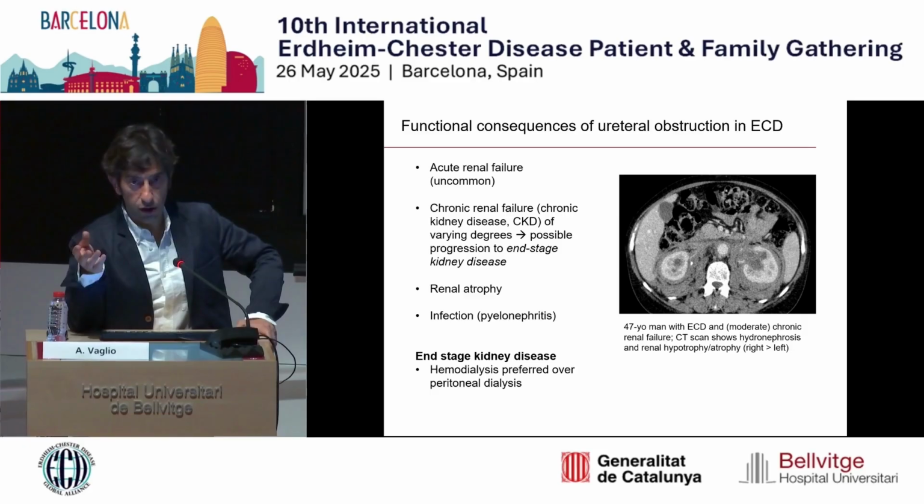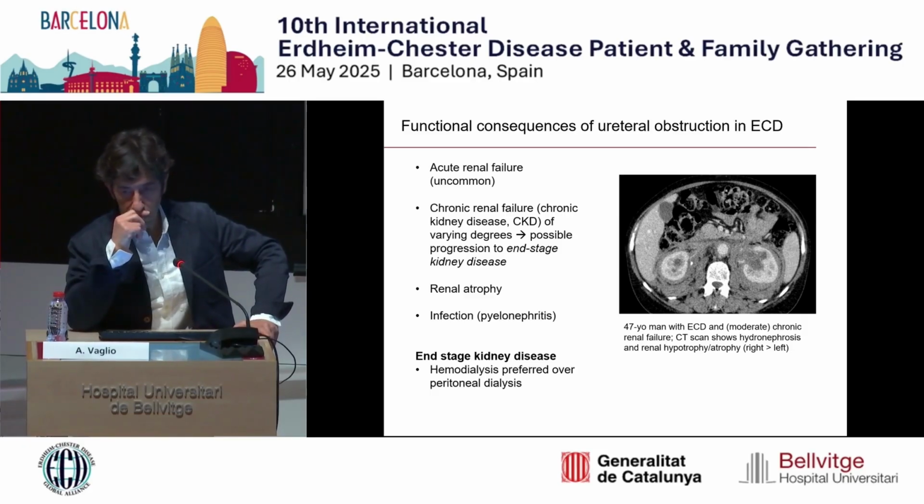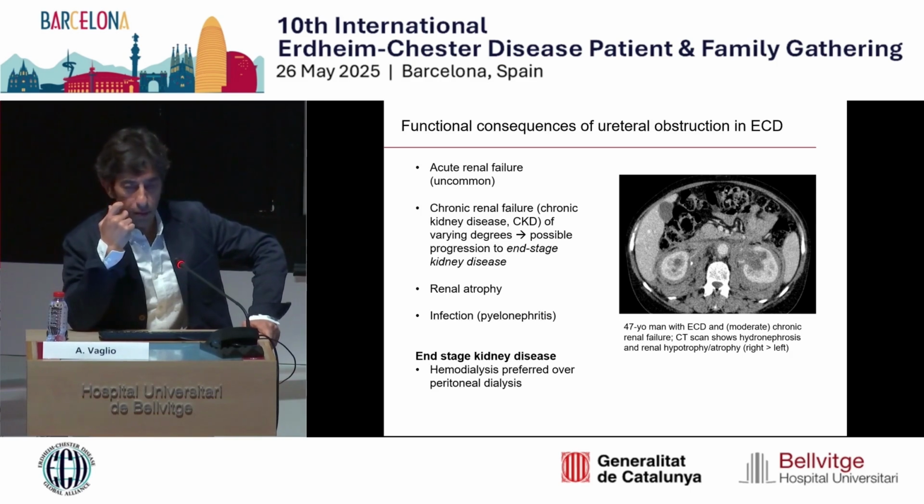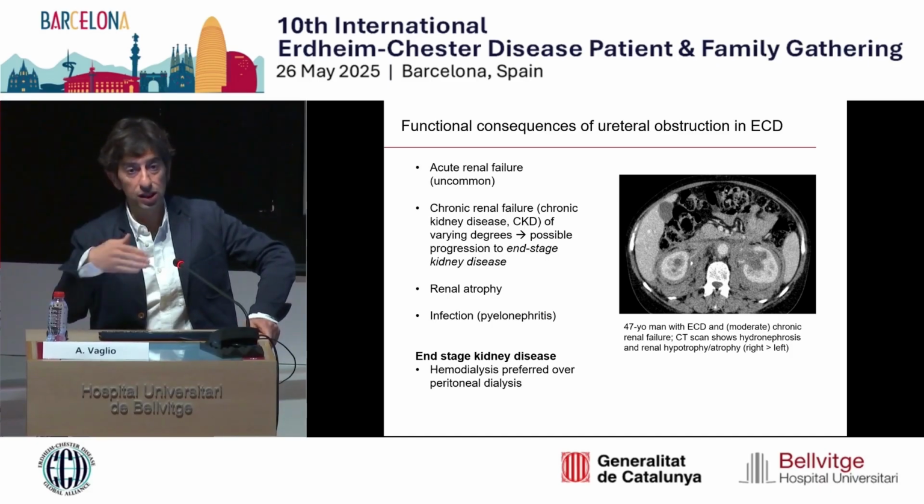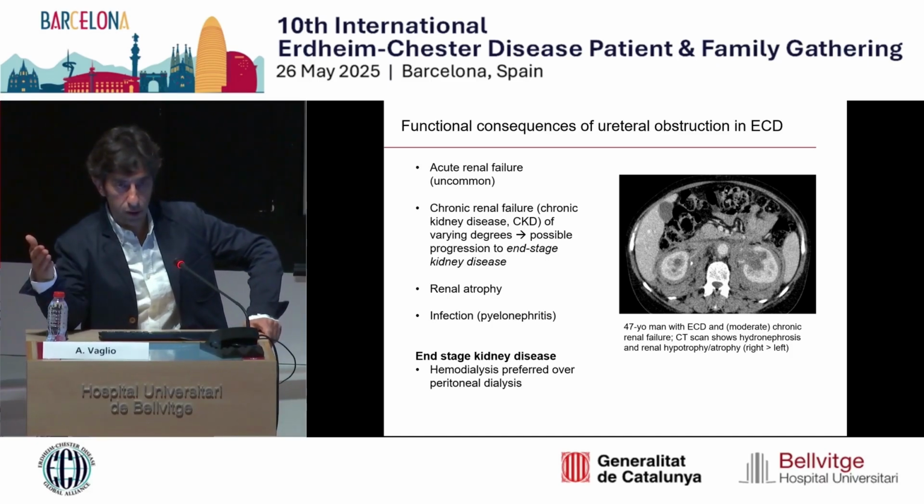What are the consequences of all of these types of renal and ureteral problems in ECD patients? The consequence is renal failure, which means that functionally the kidney doesn't work anymore. This is usually a slowly progressive process.